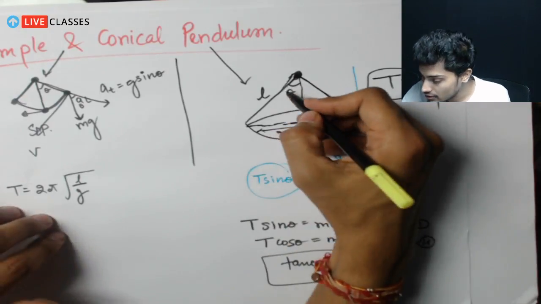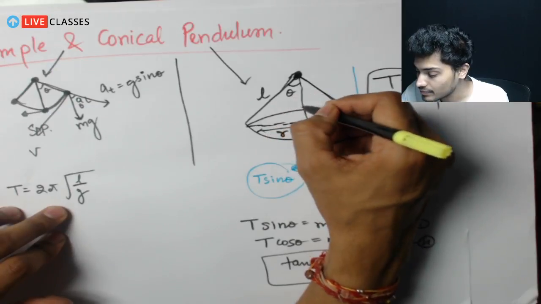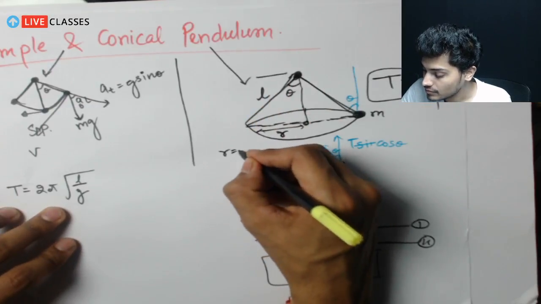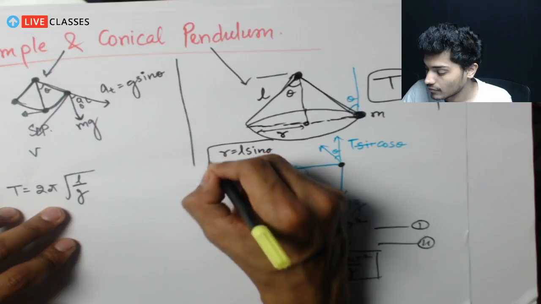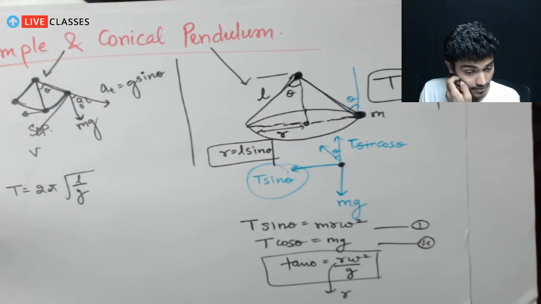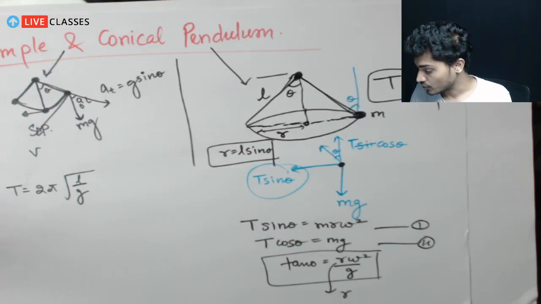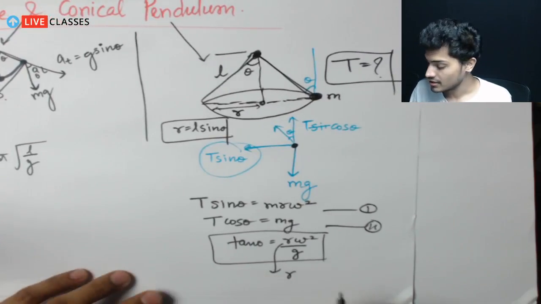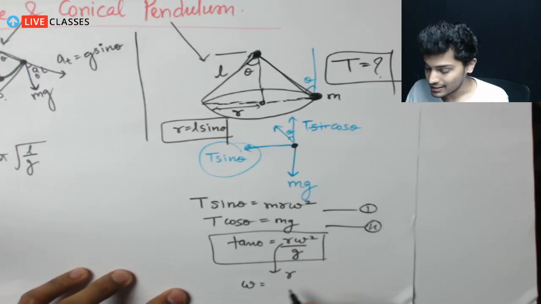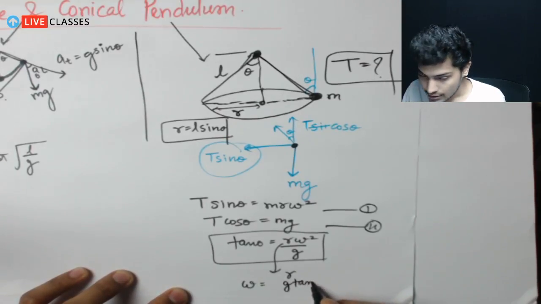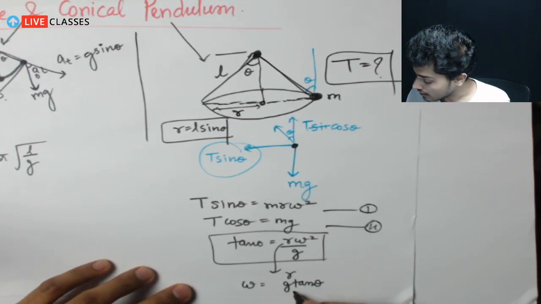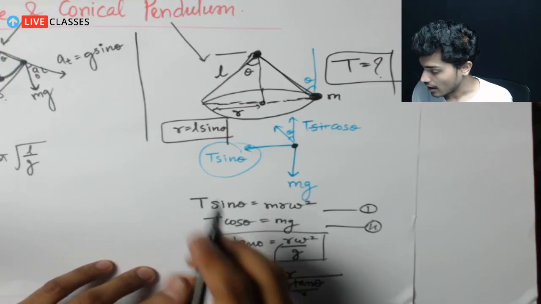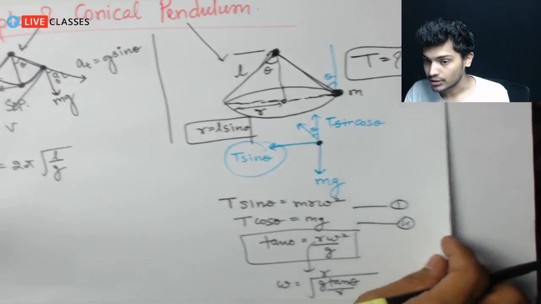This r will be nothing but L sin theta. So we have to find the time period, right? From here we can find omega as root of g tan theta upon r. R here is L sin theta, just please note it down.